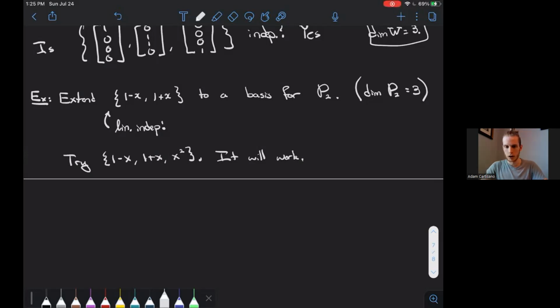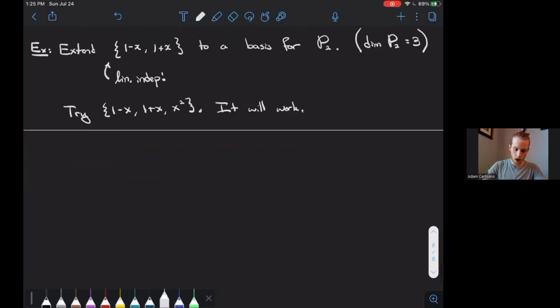So what else could you do? Well, I know of a basis for P2, namely 1, x, x squared. So if I take all 3 of those vectors, which are polynomials, and include them inside of this set, I'll get a gnarly set: 1 minus x, 1 plus x, 1, x, x squared.